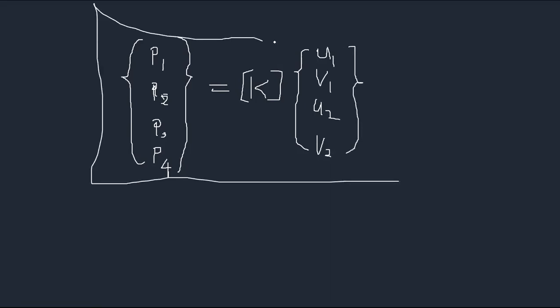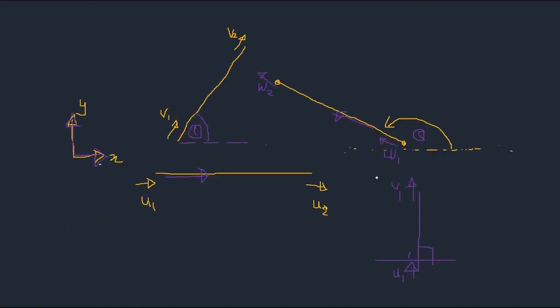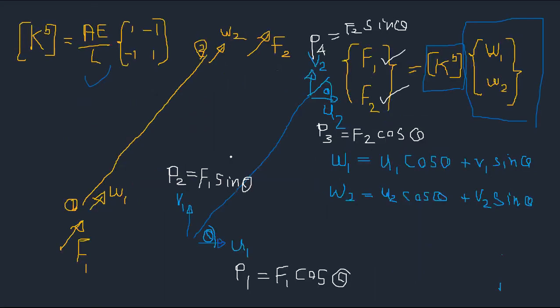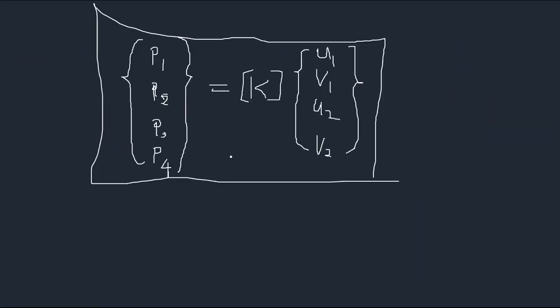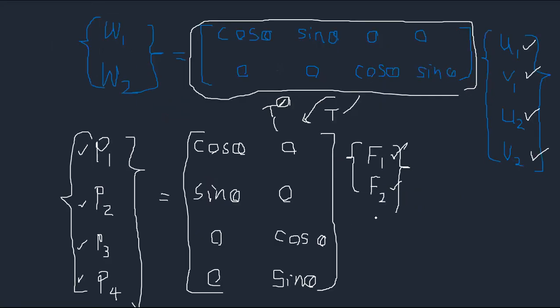So this is the stiffness matrix for a bar element. Actually, it's a truss element defined on the global coordinate system, considering theta as well. Now we need to determine what this K matrix is. This is the final form. So we can start from here.